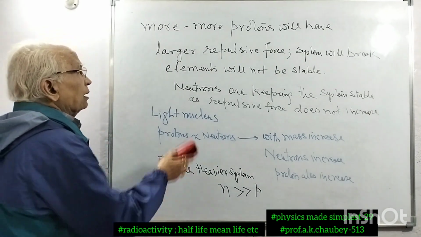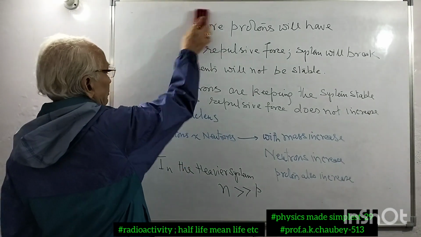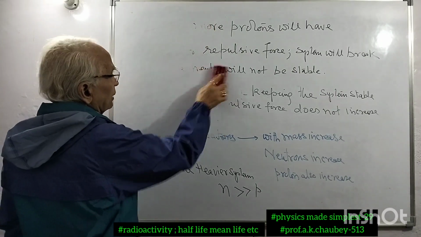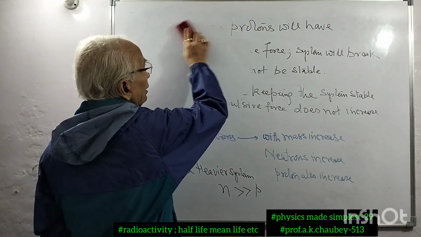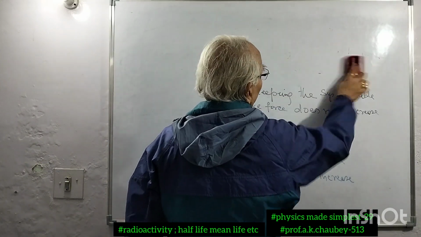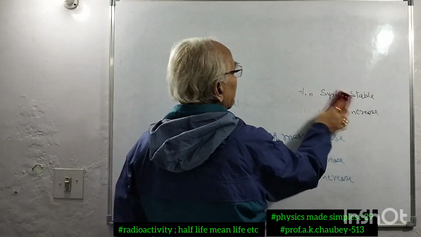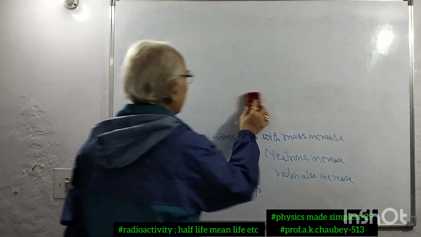Means to keep the system stable, what we observe is that neutron number is increasing and proton number is not increasing as the neutron number increases.